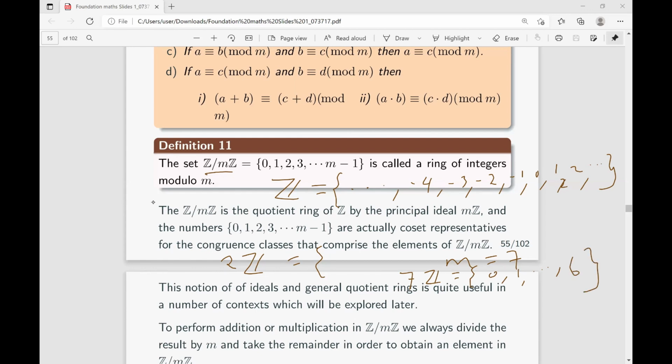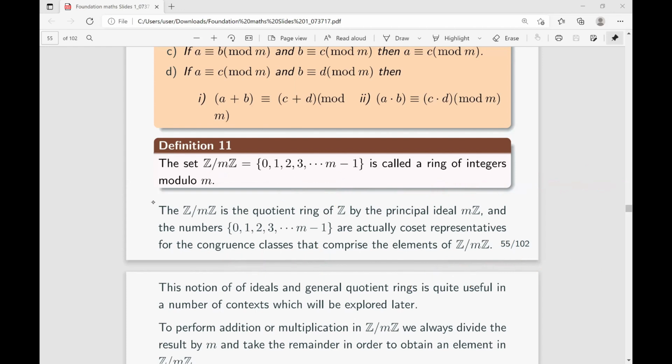And that's why I've said that it will go up to m minus 1. That means, for instance, if m is 6, then this ring of 6Z would comprise numbers 0, 1, 2, all the way up to 5. That is m minus 1. So that would be a ring of integers.